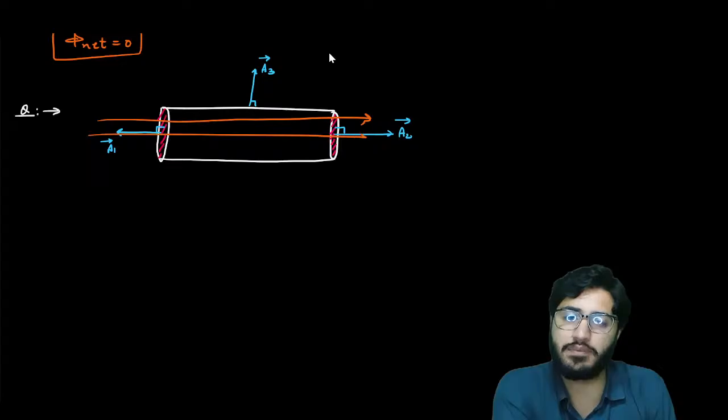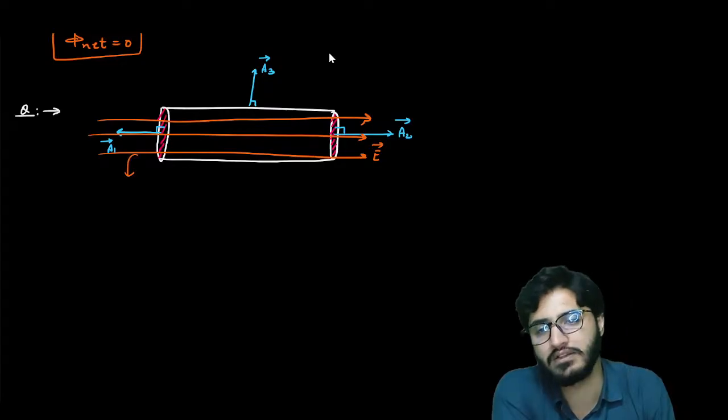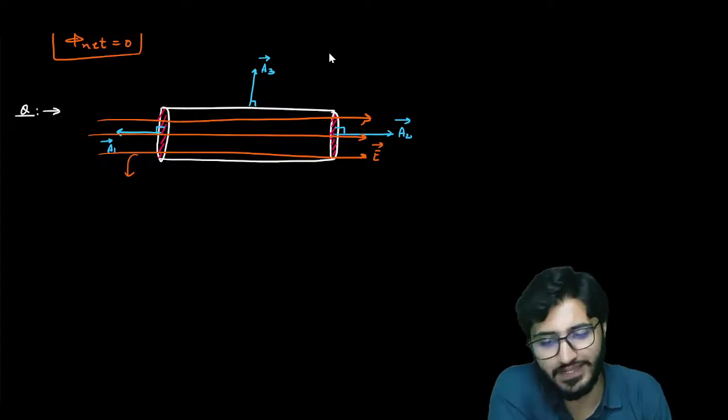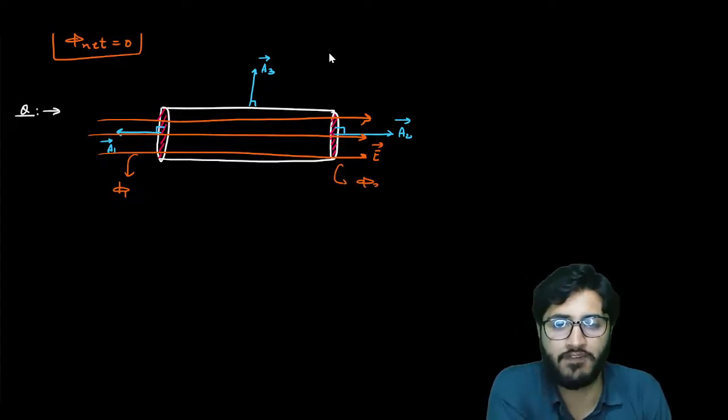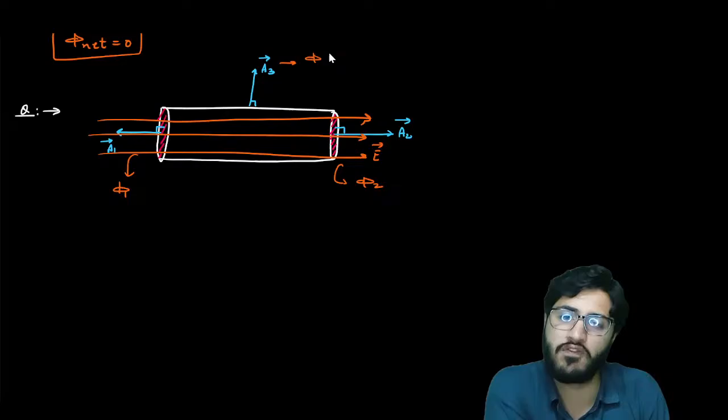Now my electric field lines are coming in this way. These lines represent electric field lines. If the fluxes are phi 1, phi 2, phi 3, then phi net equals phi 1 plus phi 2 plus phi 3.